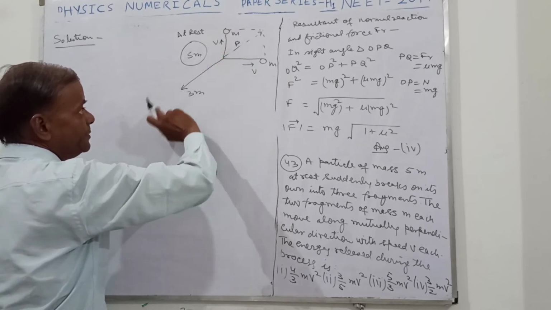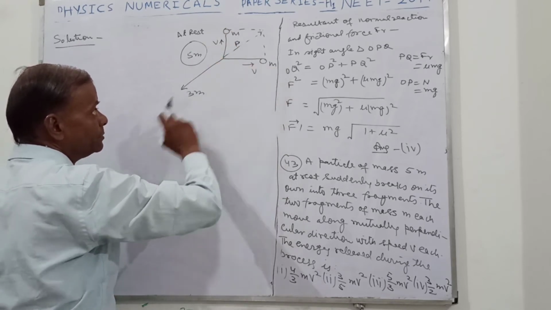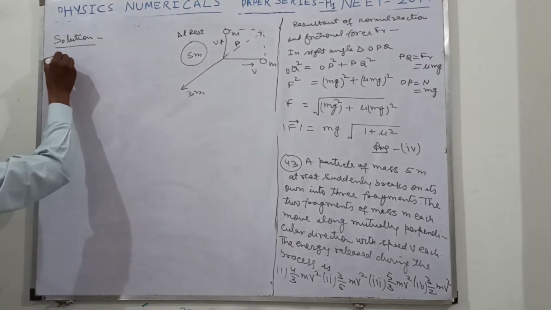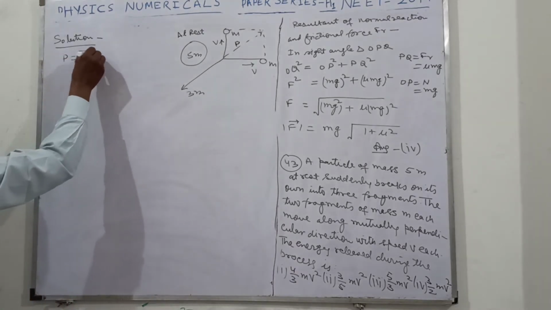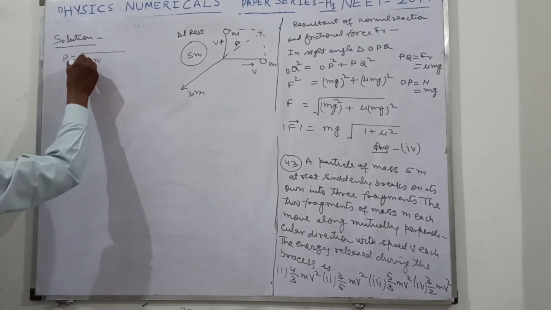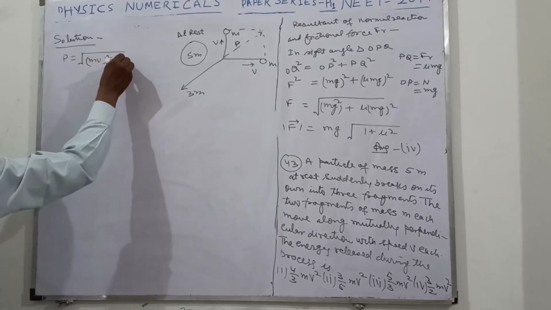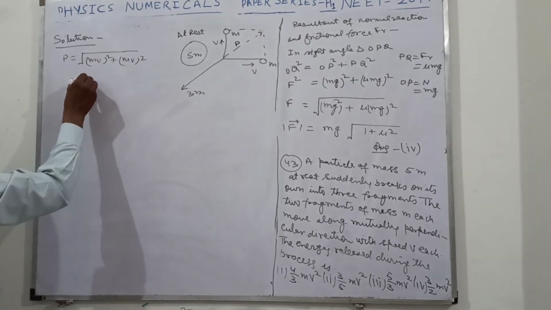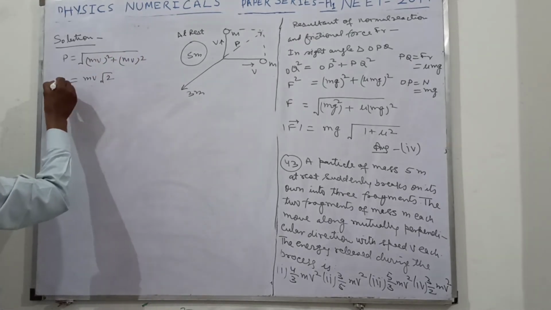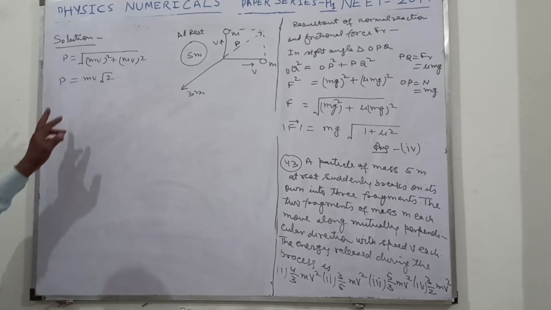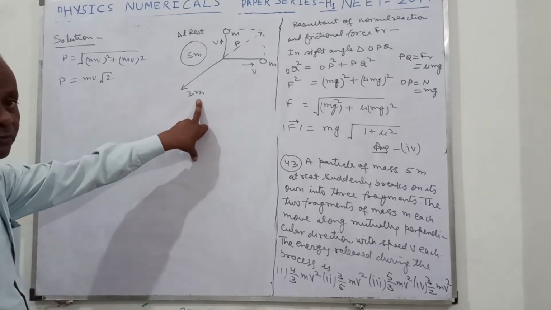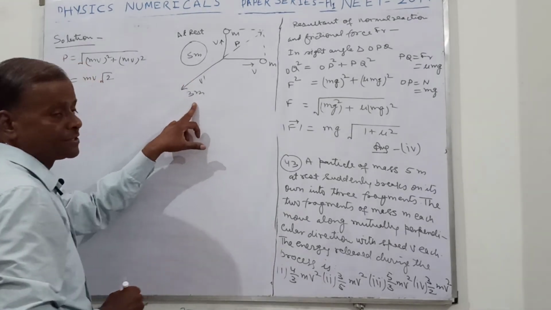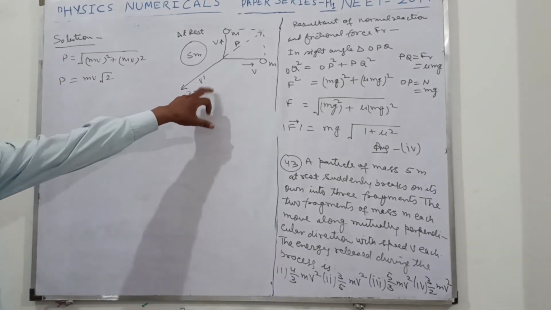Its momentum is mv, its momentum is mv. So p is equal to the square root of (mv) whole square plus (mv) whole square. So this is mv root 2. This is now your p, and this momentum must be equal to the momentum of the third particle. Let this particle move with velocity v dash.